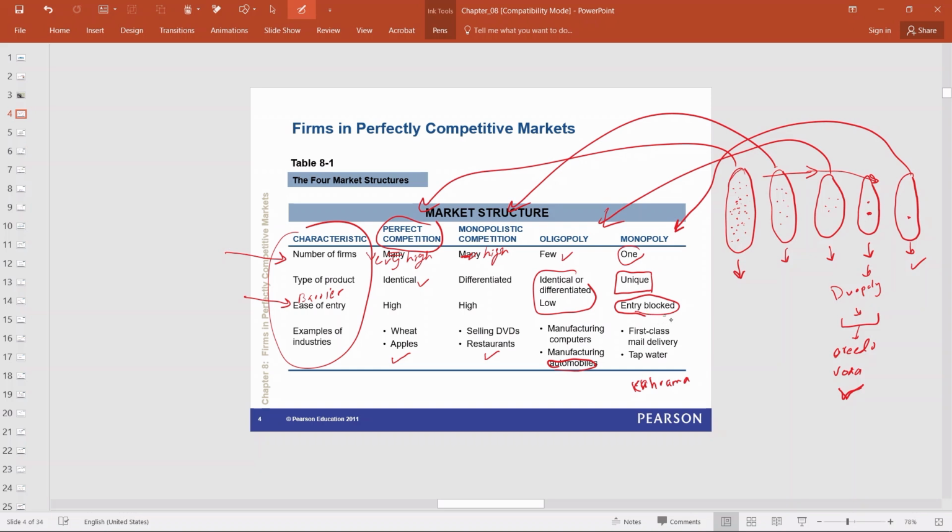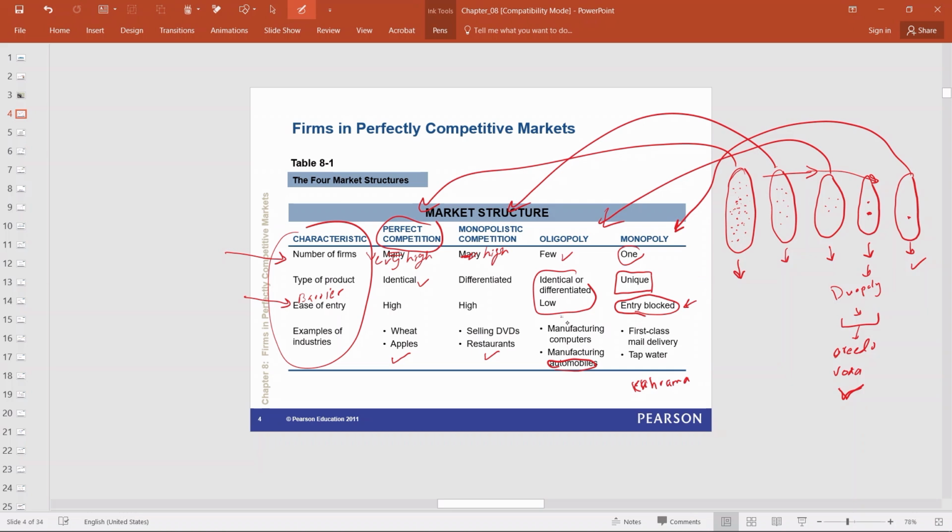So only government firms operate, like Qatar Airways, Kahramaa. So the government doesn't give any license for newcomers to this market.